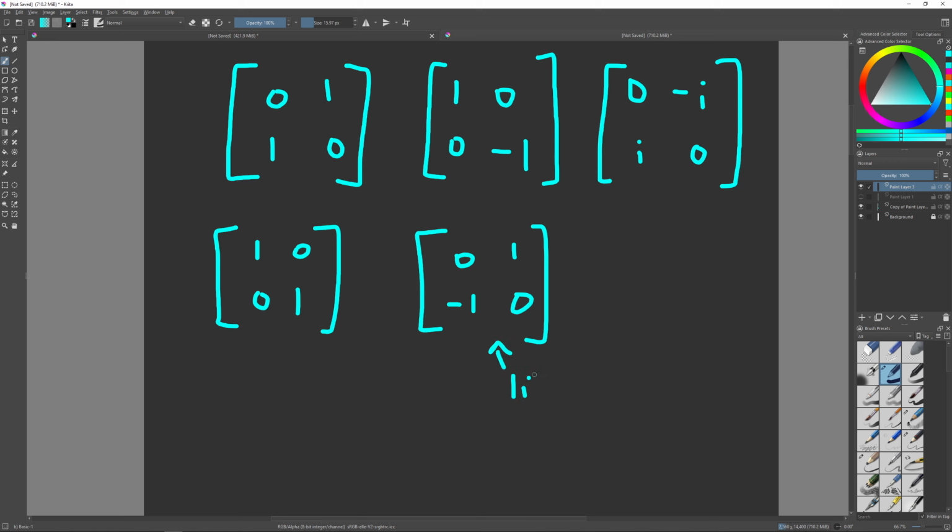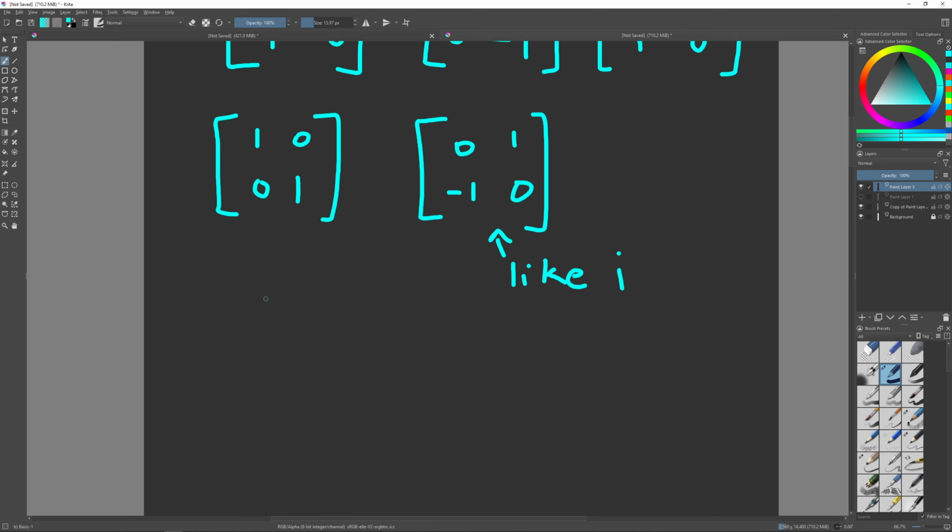It's very similar to the imaginary number i. Why is that? Well, if I multiply this times some vector, we'll give it components x and y, then when we multiply this out, we'll get y upstairs here and then negative x below.